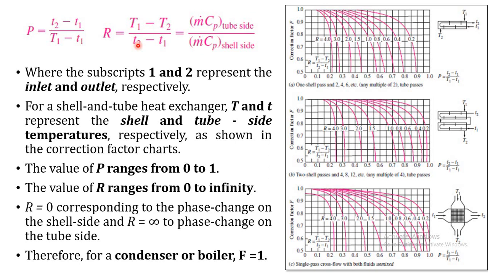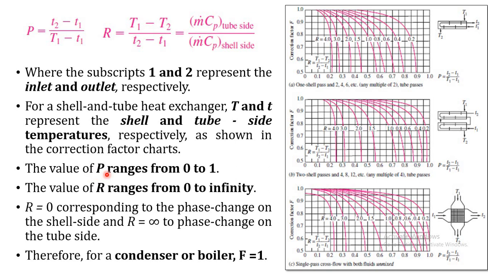We know that m c p times (T1 minus T2) is the shell side heat transfer rate, and m c p times (t2 minus t1) is the tube side heat transfer rate. So we can say that capital R is the capacity ratio of tube side and shell side.